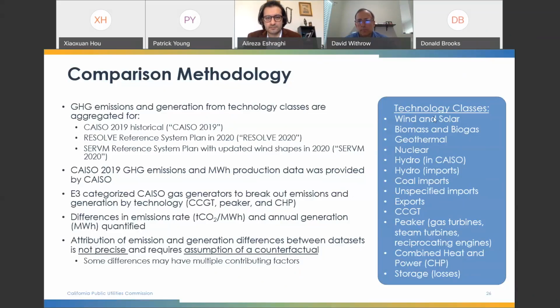You multiply emission rate by generation, and you get the tons CO2 for each of these technology classes. Then you see a difference in ton CO2.